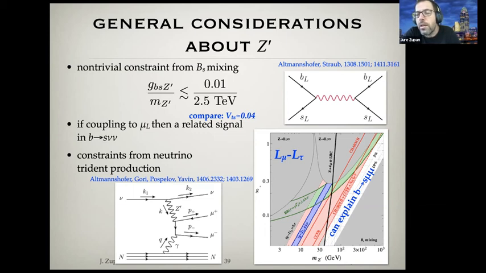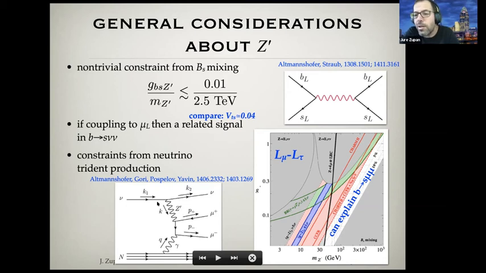Now it turns out that unless you fine-tune dimension 6 against dimension 8 couplings, you will necessarily also have couplings to neutrinos, and then there's no signal at the LHC. These neutrino tridents that I'm showing here just completely kill the region that you could probe with the LHC. So you have to tune this away.